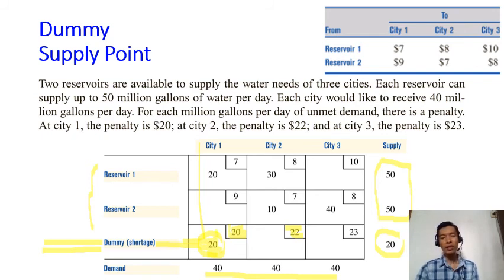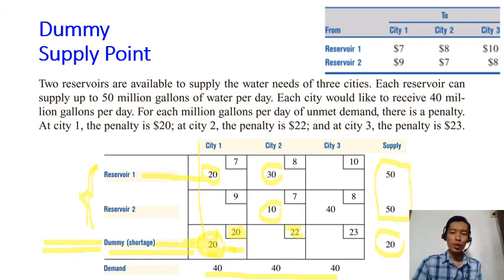Or in other words, city 1 experienced the shortage of 20 million gallons of water, okay? Whatever sent from the reservoir is real water, but whatever sent from the dummy is just nothing. So whatever appears here on the last row reflects the shortage or the demand that cannot be satisfied from the real reservoir.